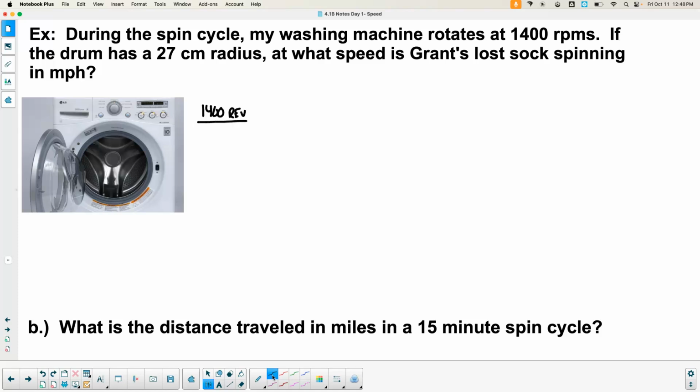In 1 mile, which equals... do I really want to type this in now? Your mile. Yes.